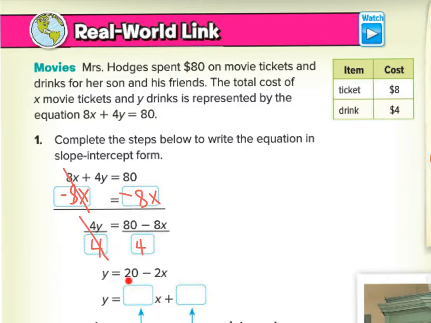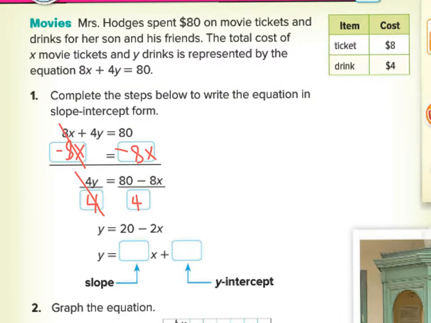Now we have to rearrange these numbers so that it's in slope-intercept form. So I will simply take this value here and put it in front of that 20. So now y equals negative 2x plus 20. Follow the order.